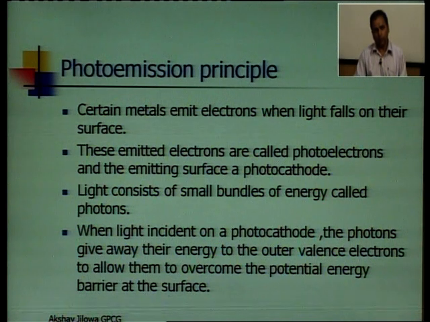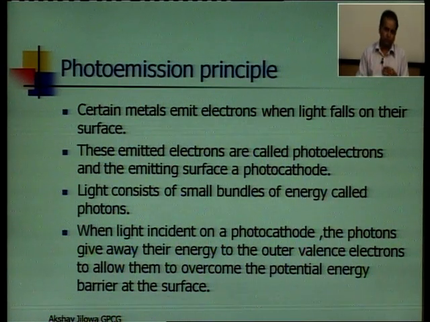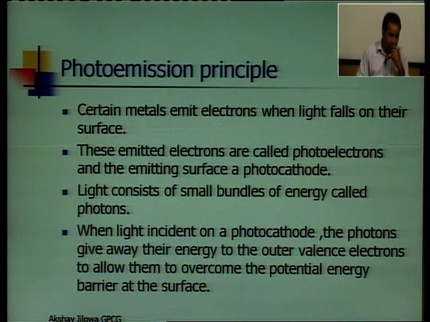If sufficient energy is supplied, enough to cause emission, the energy is so high that the electron does not remain in that particular orbit, and it moves to higher orbits which are not present in that material. So it comes out of that surface. In this way electrons are emitted from the surface of photocathodes.